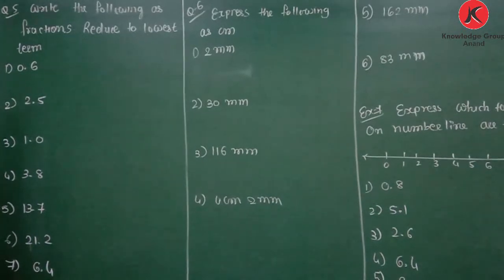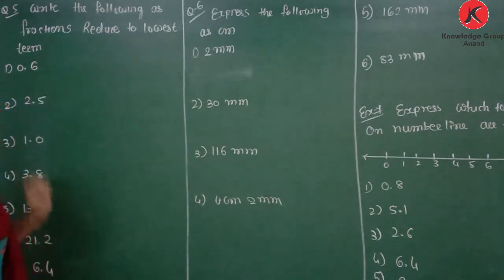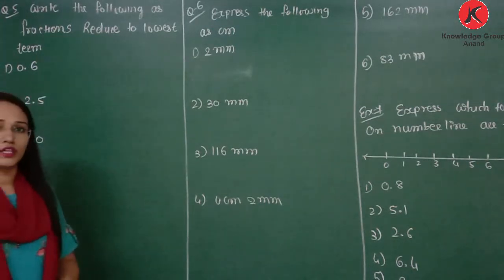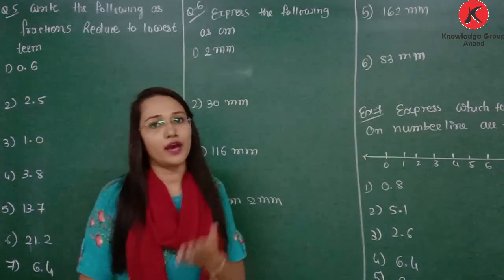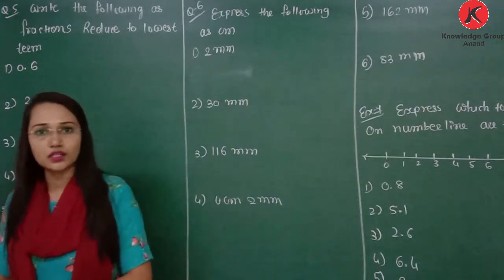Let's start with the next example. Question number 5. Here write the following decimal as a fraction and reduce to the lowest term. Lowest term is simplest form. And we know how to convert it into simplest form. You need to find the factors of numerator and factors of denominator and cut the common factor.